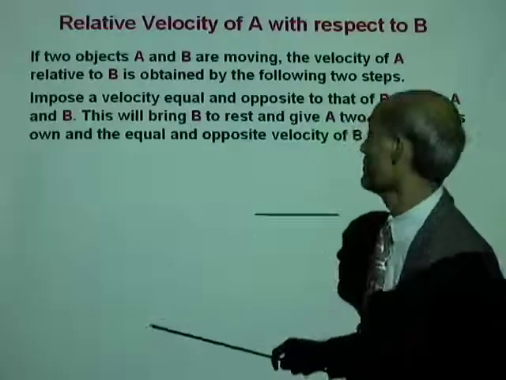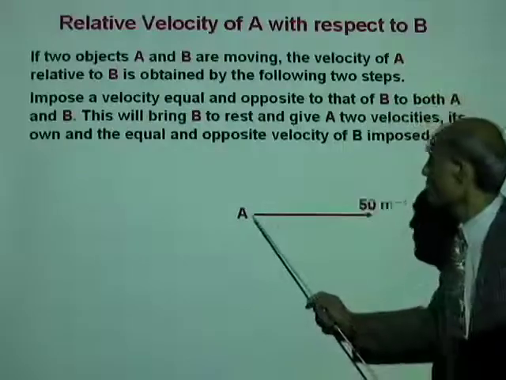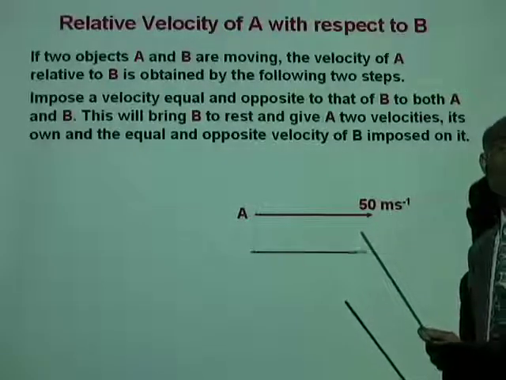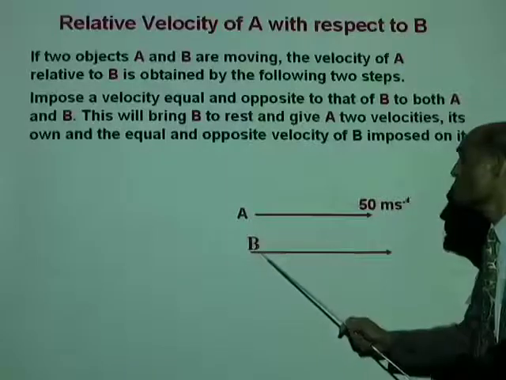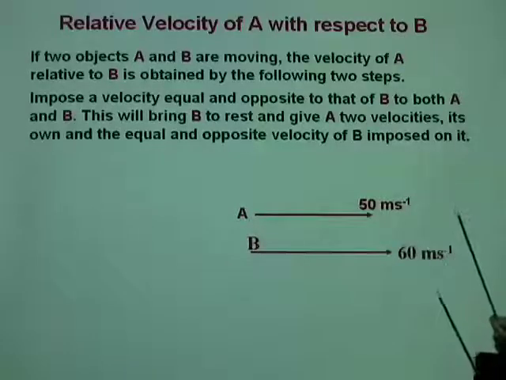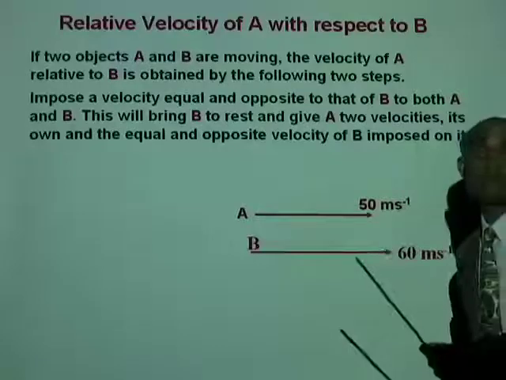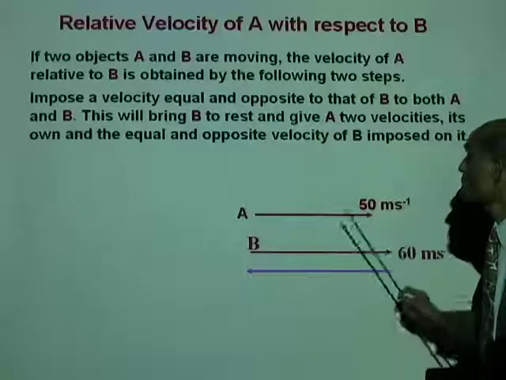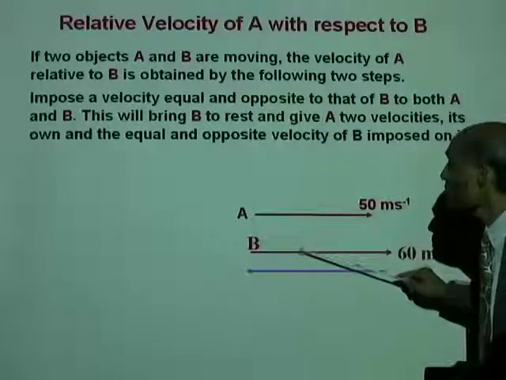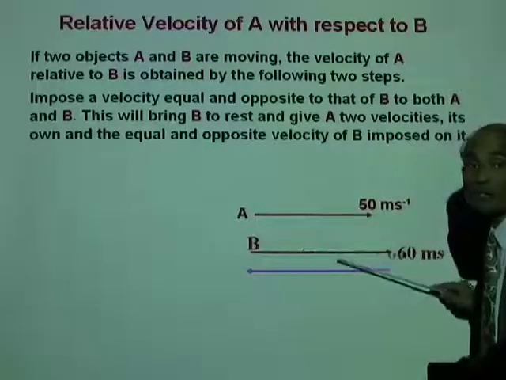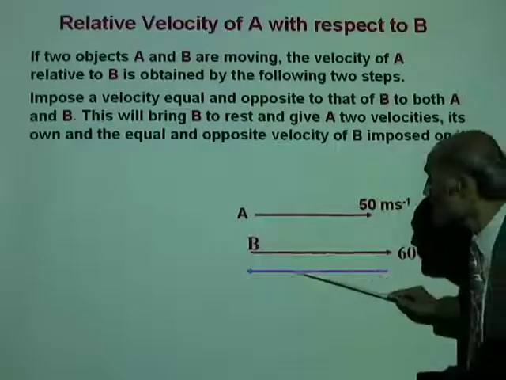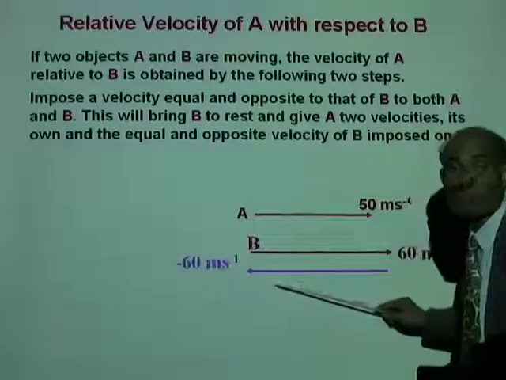And then what do you do? If this is A moving east at 50 meters per second, and this is B again moving east at 60 meters per second, and you need to find the velocity of A with respect to B, what do you do? Bring B to rest by imposing an equal and opposite velocity.